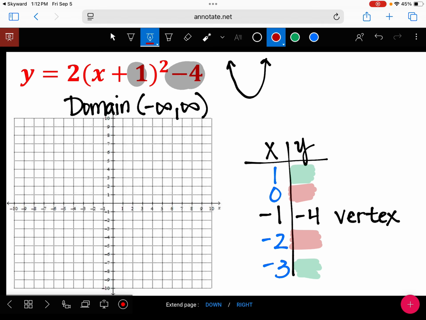So for the first one, you're going to have 2 times, and then you're going to put a 1 plus 1 squared minus 4. See what you get. Then do the same thing with 0. Now you're going to substitute in a 0. So see what you get for that.